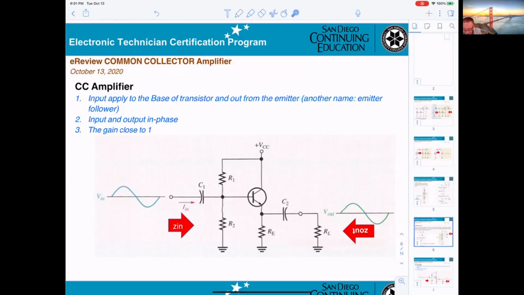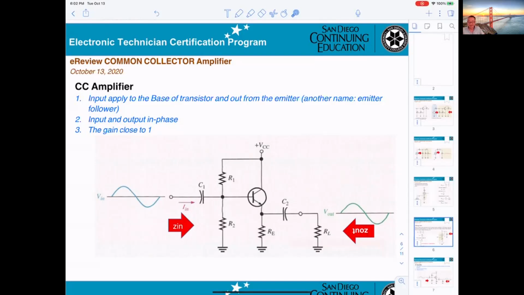The thing is, in AC, capacitor C2 will be shorted. That's the only thing you must memorize. Input goes to the base, output is from the emitter. Also, they tell you input and output will be in phase. You can see this one and the output here, same thing: both going up, both going down.